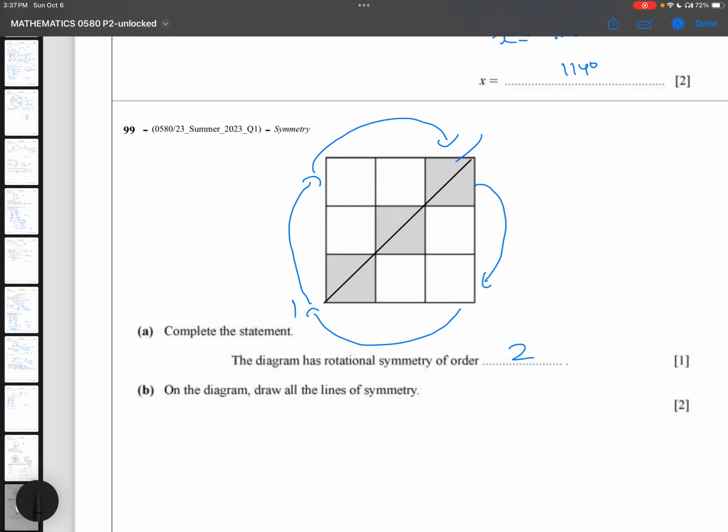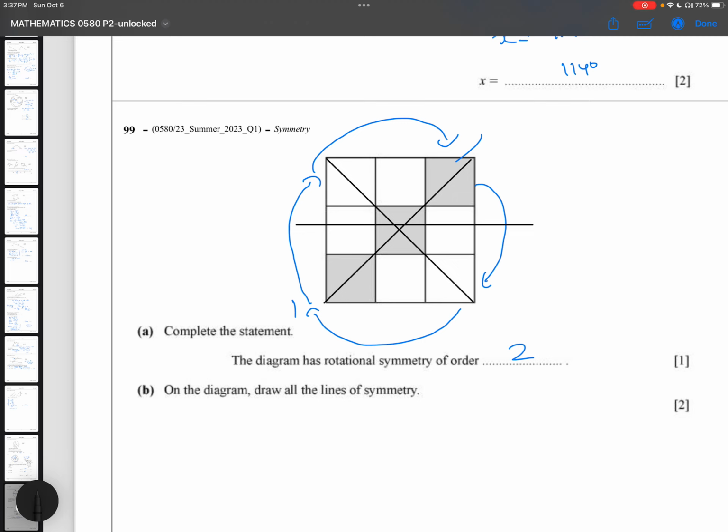This line gives us divide the figure in two equal halves. Then this line will also be the line of symmetry. This is also a line of symmetry.